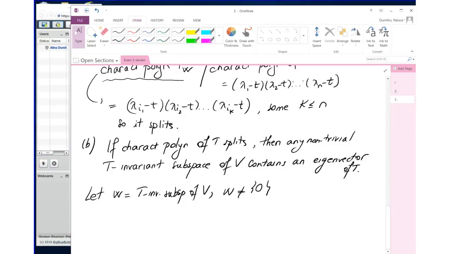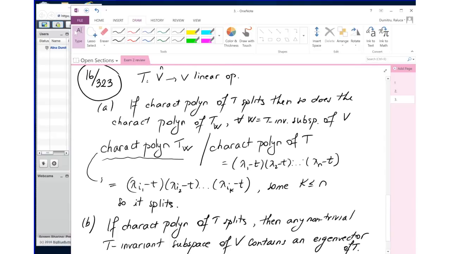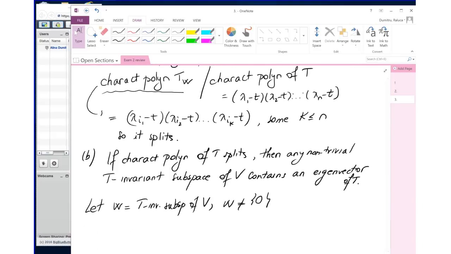And according to the whole thing in part A, the characteristic polynomial of T_W has to look like this, right? It's going to be a product of some of those terms, right?